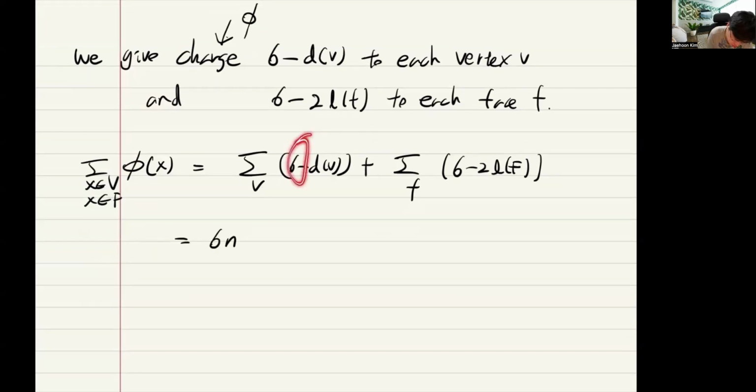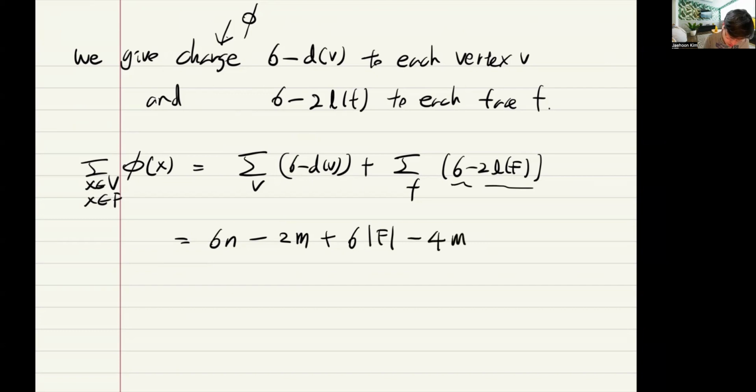It becomes 6 times the number of vertices minus the summation of degrees. We know from the Handshake lemma that this is 2 times the number of edges. Let's say M is the number of edges in G. Let's write this way, the number of bases, and then again the Handshake lemma over the dual, that the summation of the length of the bases is twice the number of edges.